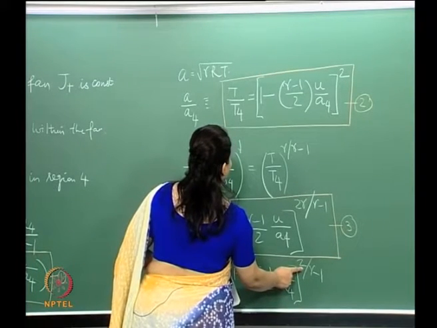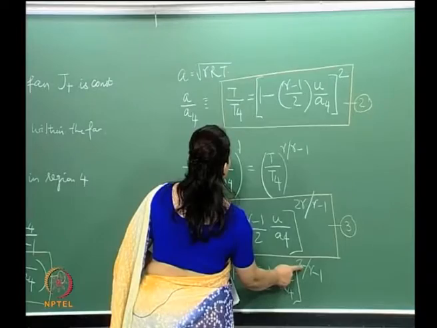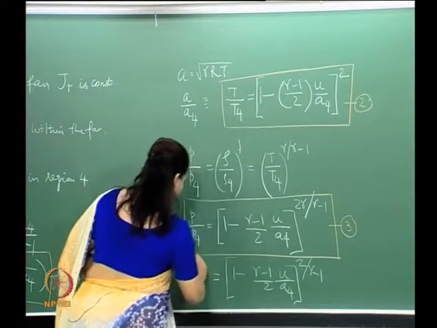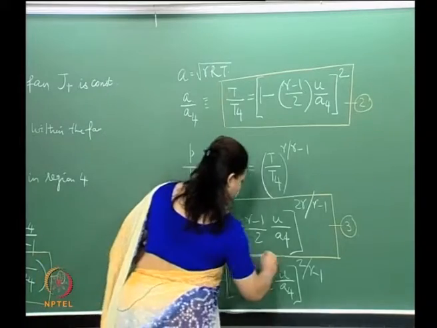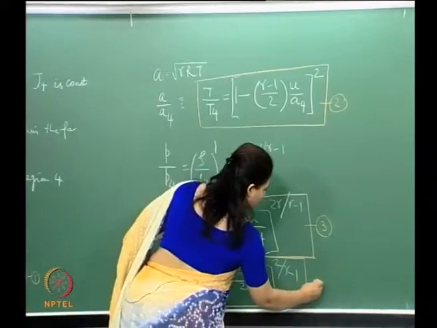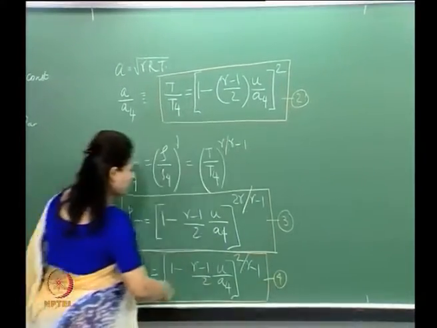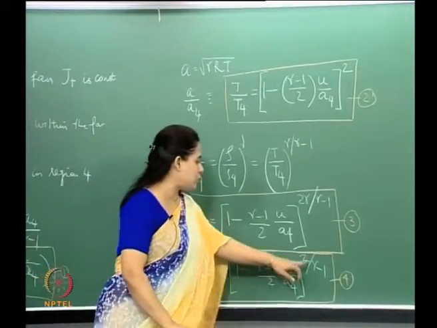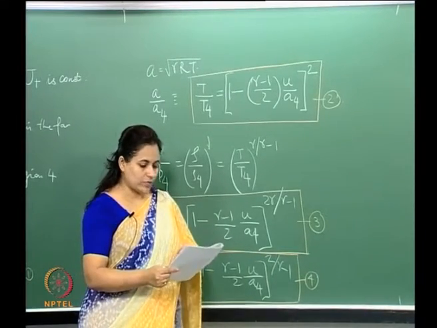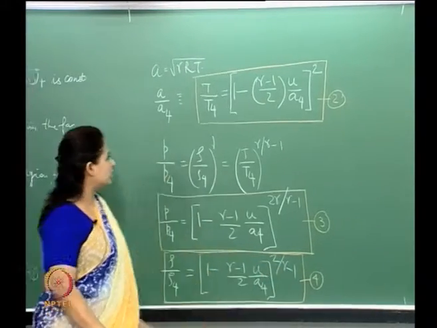I will have to cross check whether I am getting that wrong or not. You can check it also. This should be given in any standard book. I think this should be 2 by gamma minus 1, but in my notes I have written 1 by gamma minus 1, so you just have to cross check that.